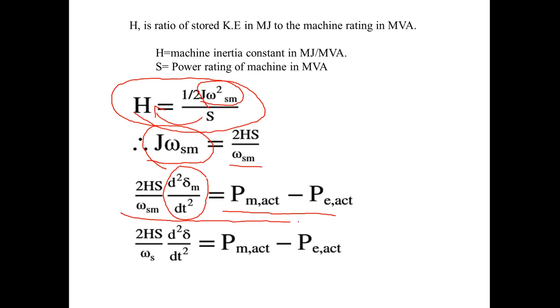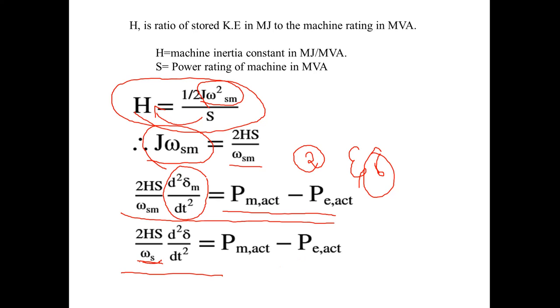How it is derived: from equation 2, the previous equation, and equation 6, the last equation. Both we are going to substitute, and my equation will be 2HS by ωs d²δ/dt², which is equal to Pm actual minus P electrical actual value.